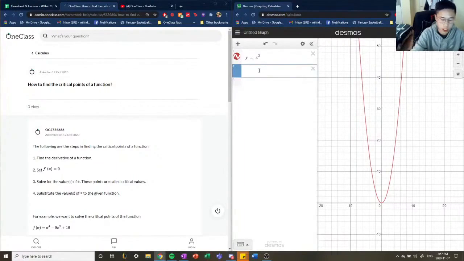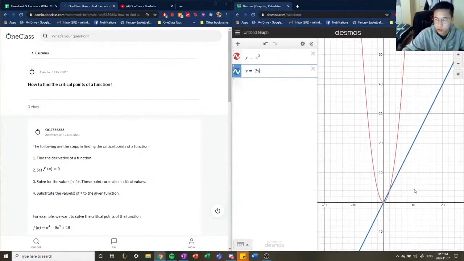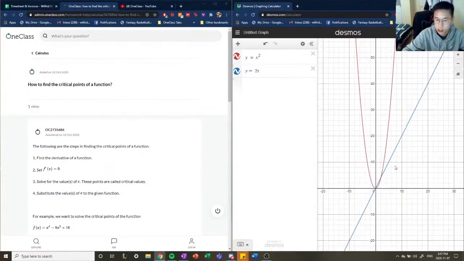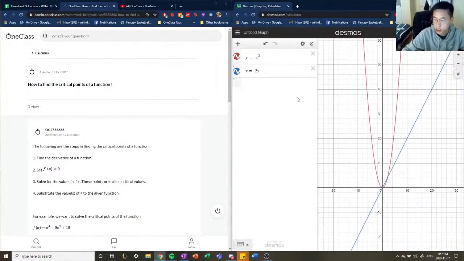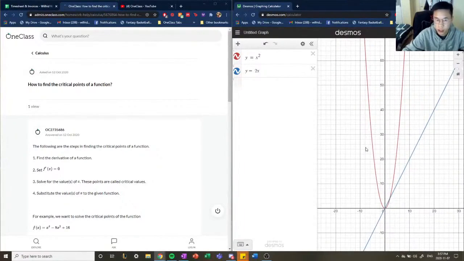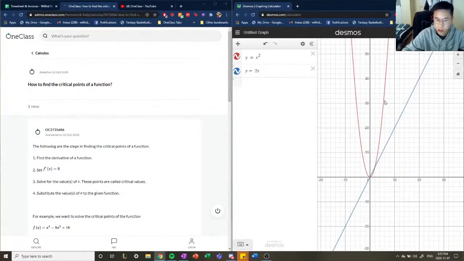We all know that its derivative is y equals 2x. We'll be covering how to derive things later on in the lesson. But as of now, we know that the derivative of x squared is 2x. So this resulting derivative function gives us a look at how our original function, our parabola, behaves.